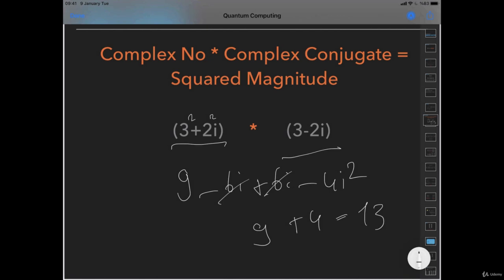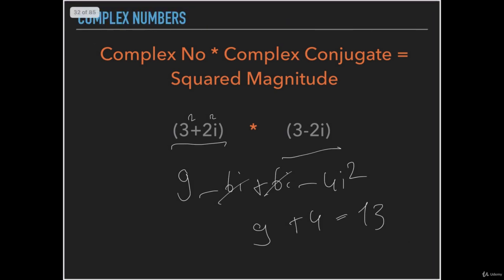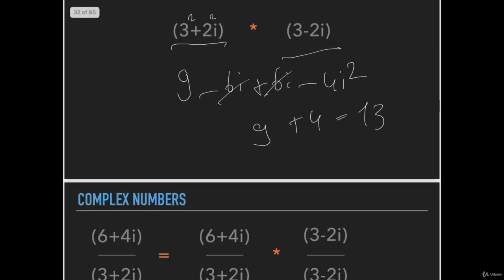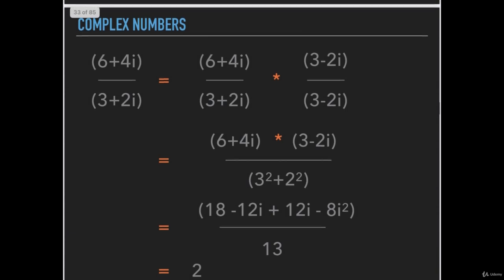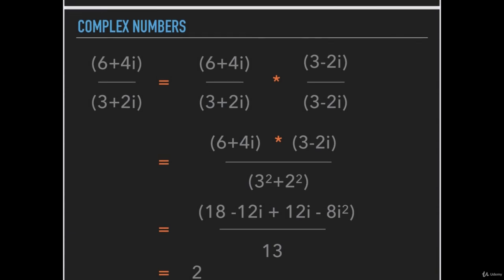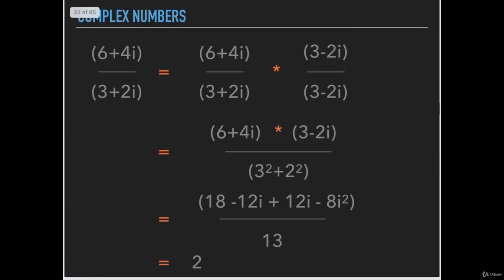Again, we're going to have a lot of examples regarding this kind of operation, but just try to memorize at least the terms: complex conjugate, squared magnitude. Okay, that's it for the complex conjugate and squared magnitudes, but we're going to learn something related to the division of two complex numbers.